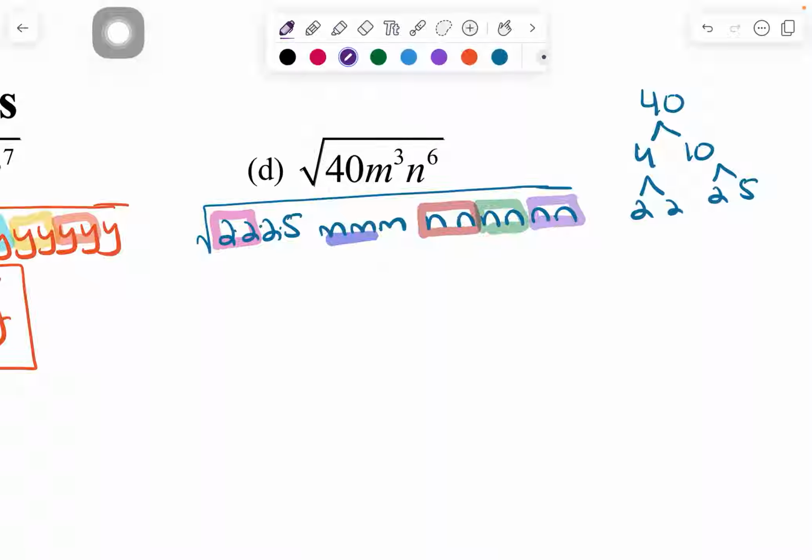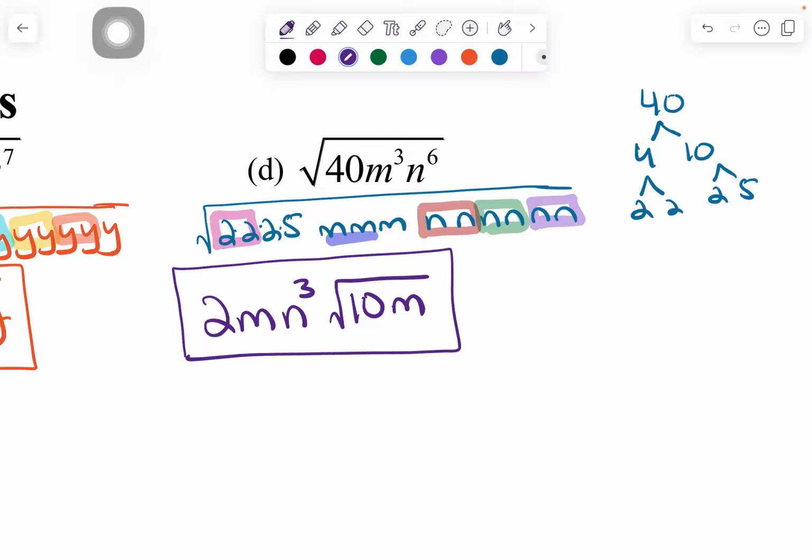So collecting up all the stuff that paired up, I have a 2, 1 m, 3 pairs of n's, so that's going to be n cubed, and then the stuff that didn't pair up, I want to go ahead and multiply it all together. So 2 times 5 makes 10m, because we have a single m that did not pair up.